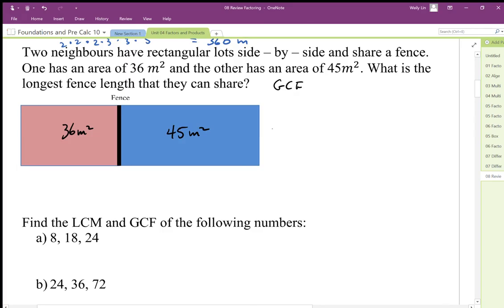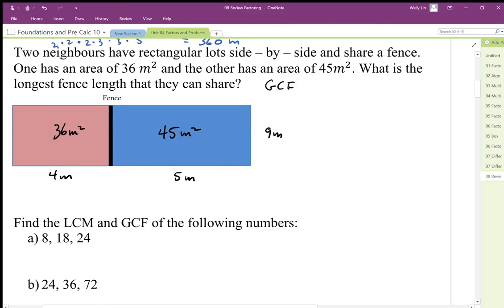So this side length is going to be 9. That means he's got 5 meters here, and this is going to be 4 meters here. Now it's not drawn proportionally, but it gives us the right area. So the greatest common factor is equal to 9. Okay, the fence length is 9 meters. That's the largest fence that they can share to have these same areas.